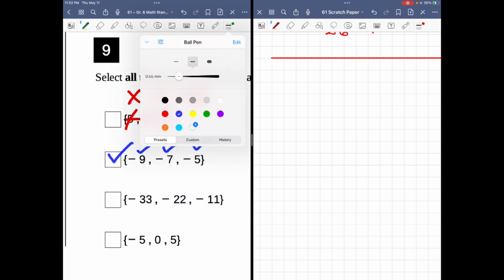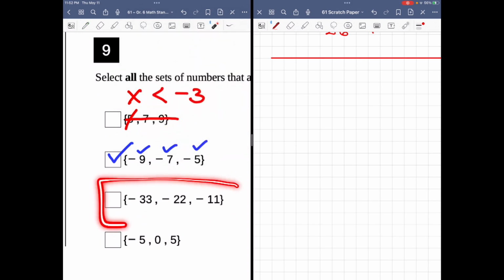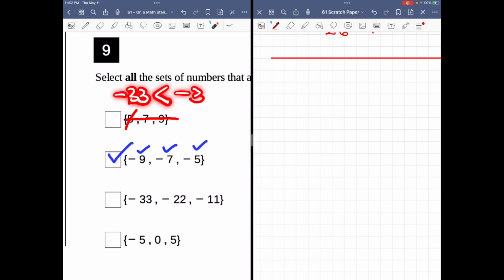Switching to green. Let's test every single one of these elements, starting with negative 33. So negative 33 is less than negative 3. This is true. Check it off in green. Next, test negative 22.